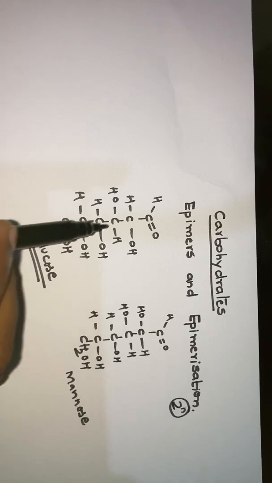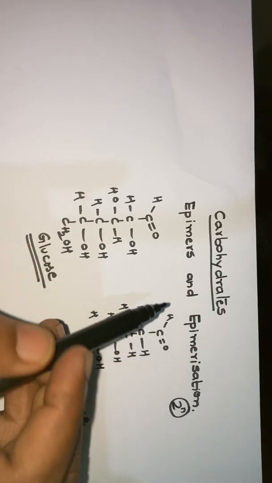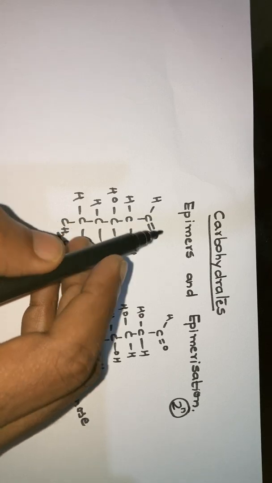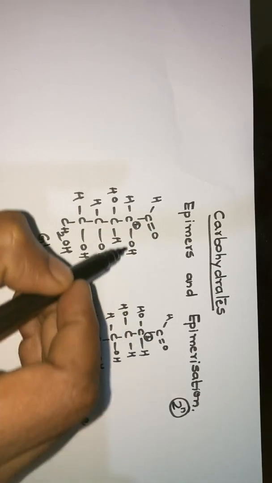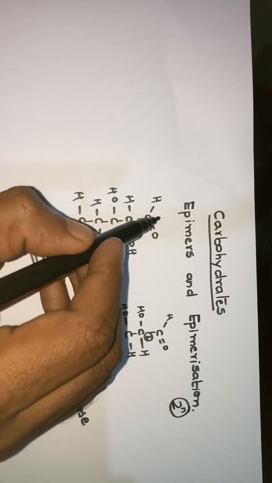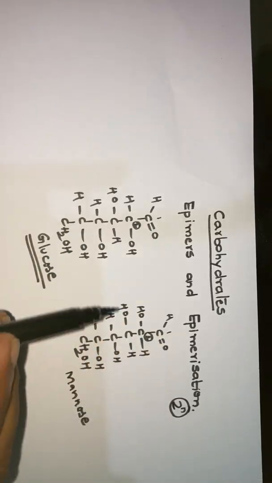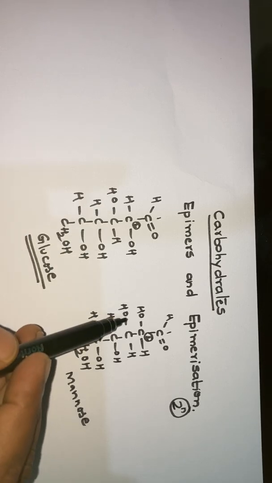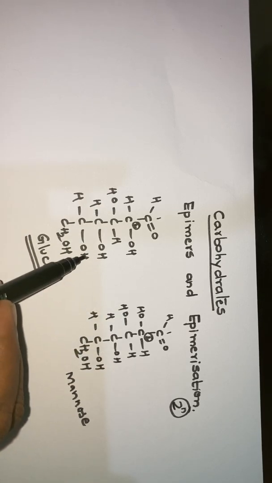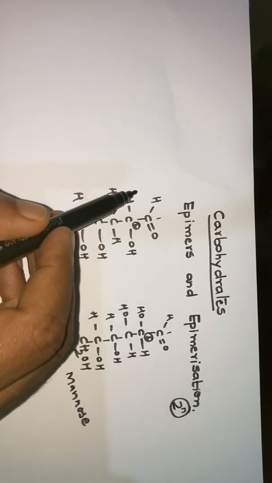The difference between glucose and mannose is, look at this. This is the first carbon, this is the second carbon, and this is the third, fourth, fifth and sixth carbon. Now, if you look at glucose and mannose, third carbon OH left side, and right side for the rest. The only difference is this carbon.